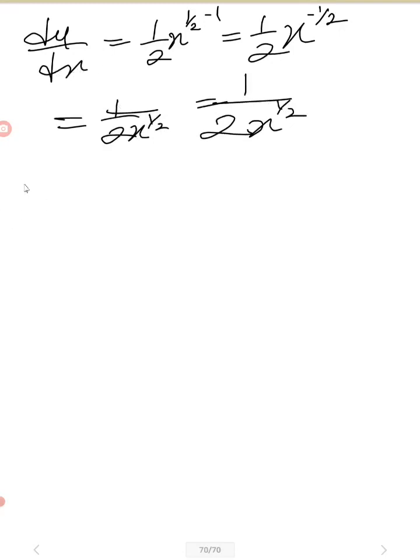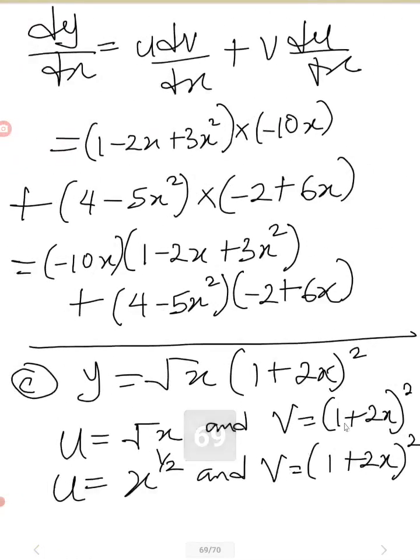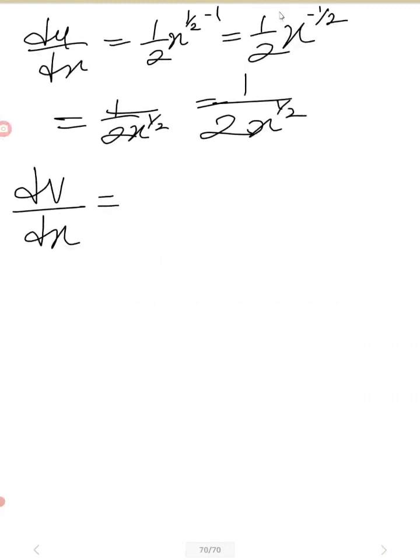So let's find dv/dx now. To differentiate this, we use the composite rule. There's a little shortcut in the composite rule to make it easy.